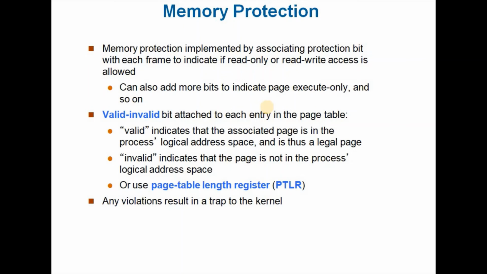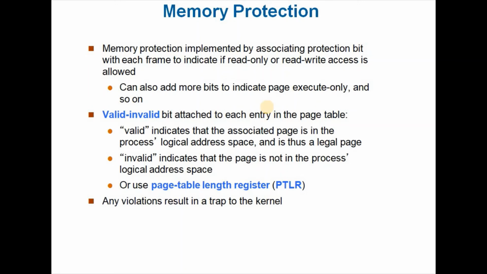Valid indicates that the associated page is in the process logical address space and is thus a legal page. The valid bit is a single binary bit. If it is one, or valid, the process can access the corresponding page. If it is invalid, the process cannot access that page because it is not in the logical address space of that particular process.